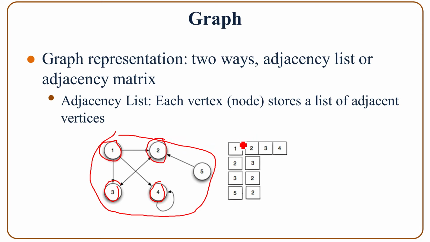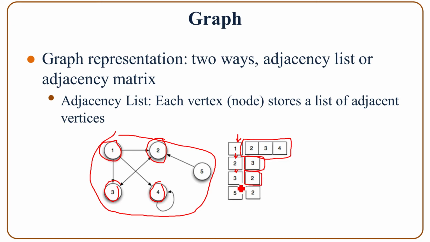So node 1 stores a list of node 2, 3, and 4. And similarly, node 2 stores a list which has only one node, which is node 3. And similarly, node 3 stores a list of adjacent nodes which has only node 2.